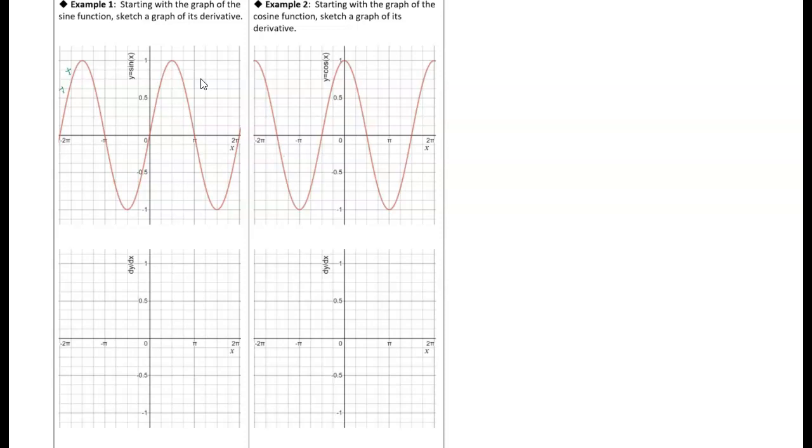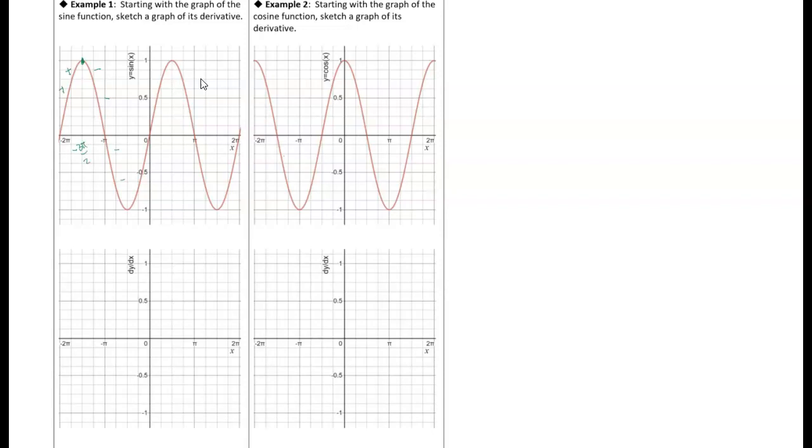Up here at this point, we're changing. We're positive, and then you can see here we're going down. The function is decreasing here from about negative 3 pi over 2 to about negative pi over 2.